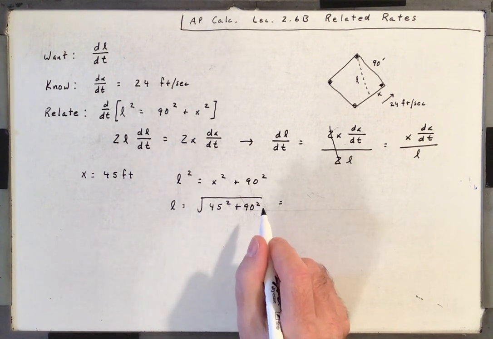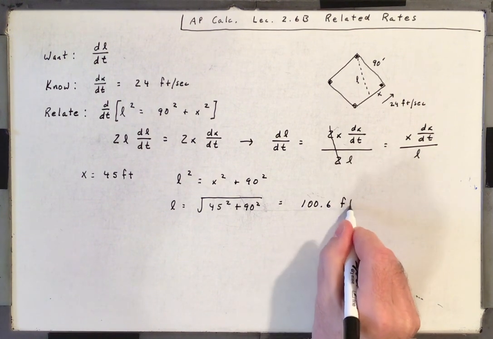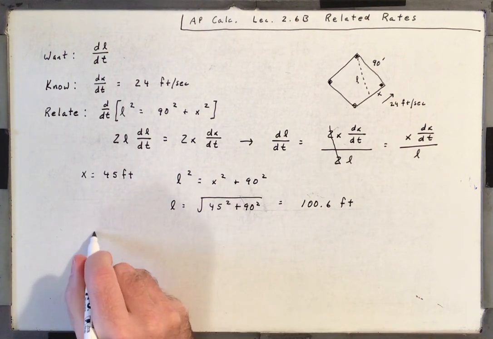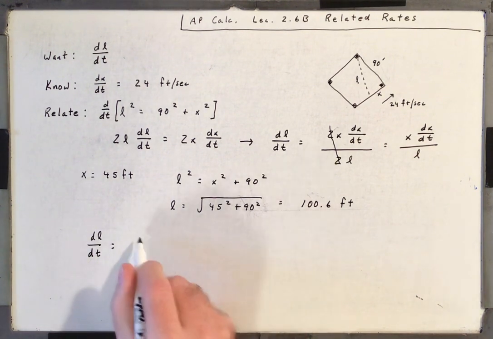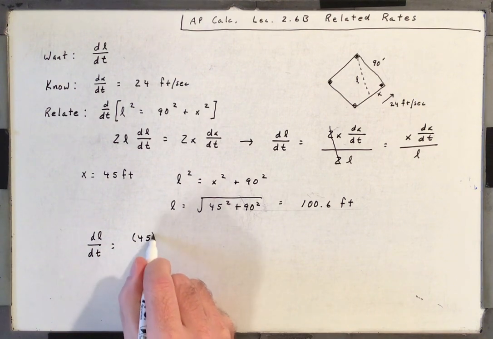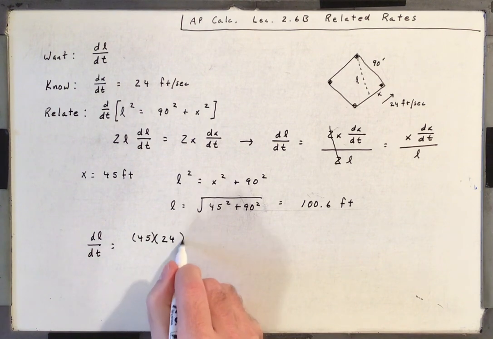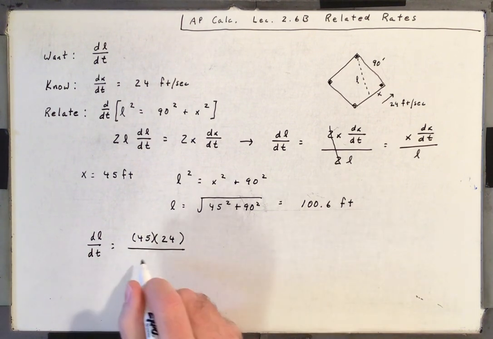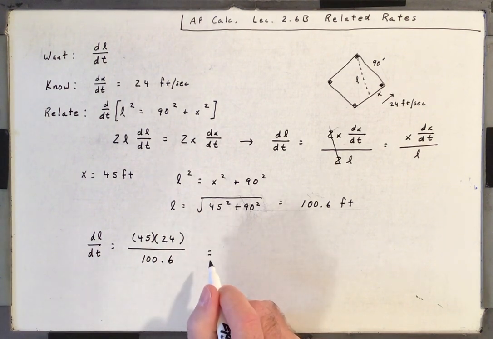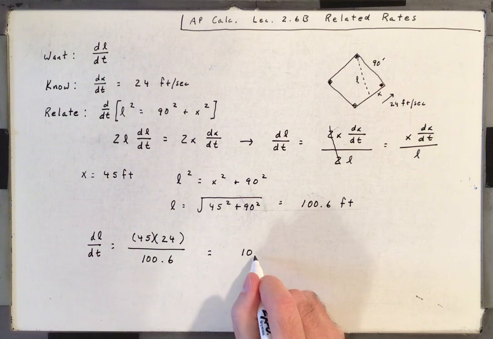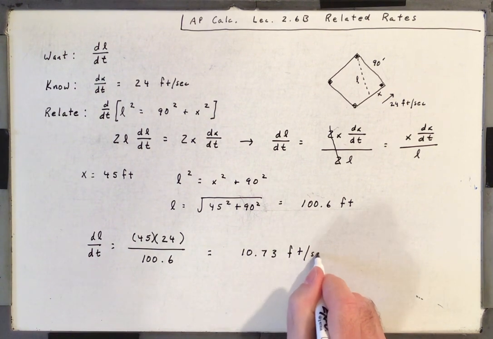All right, and that is equal to 100.6 feet. So now I've got enough to plug in and get the answer. dL/dt is equal to x, which is 45, times 24 over 100.6. All right, and that is going to be 10.73 feet per second.